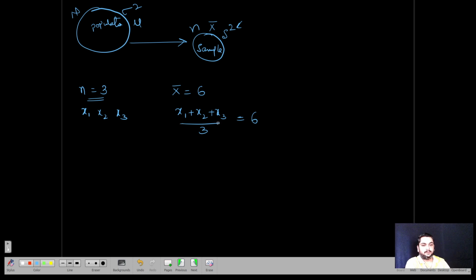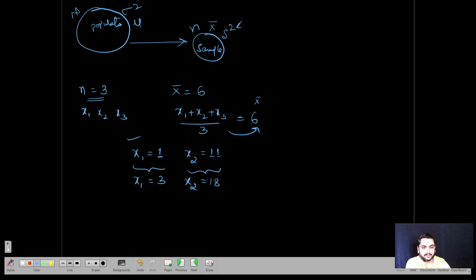Let us say I choose x1 equal to 1 and x2 equal to 11. Now two variables I have chosen, and I can choose any values here. For example, x1 equal to 3, x2 equal to 18. But I should get the mean as 6. This is my x bar, and you get 6.